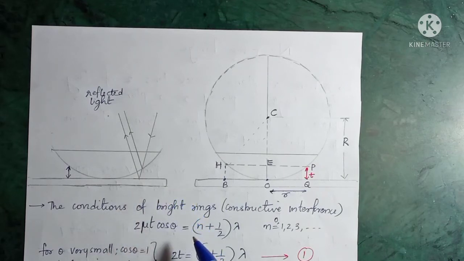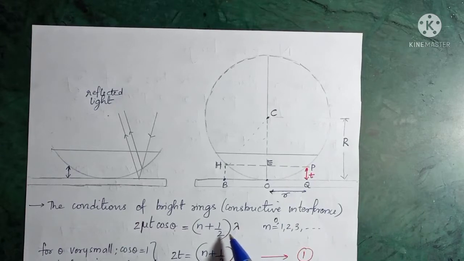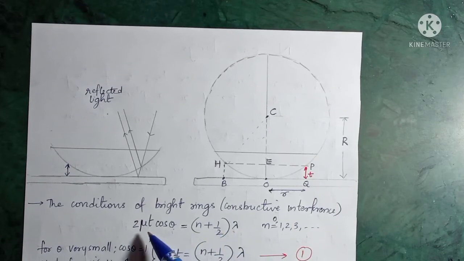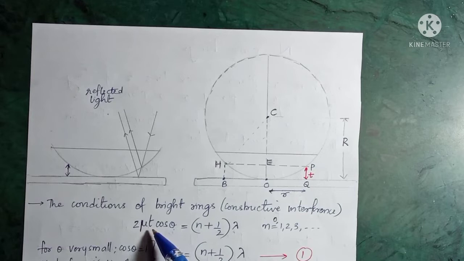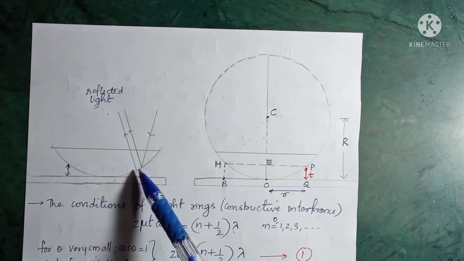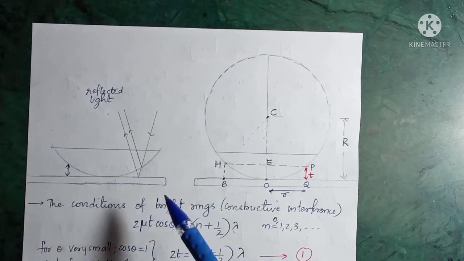We know the condition of a bright fringe is 2 mu t cos theta equals (n plus half) lambda. We have already discussed this in the case of reflection from thin films. Here, all the other parameters like mu, theta, lambda are constant except for T, the thickness. For this air film, the thickness at the center is 0 and gradually increases, so the thickness is varying.